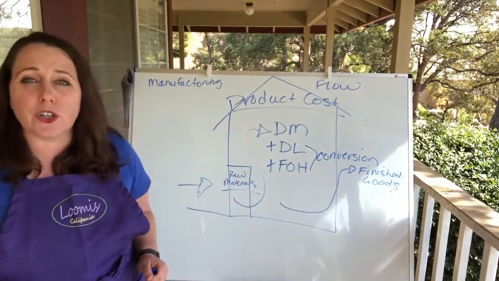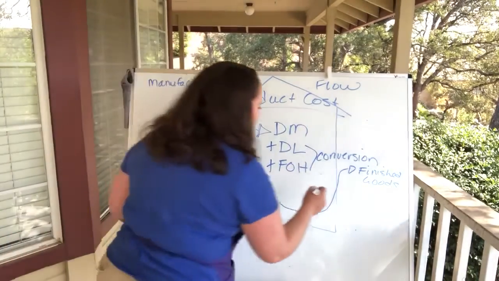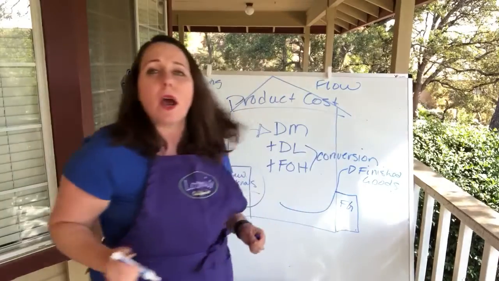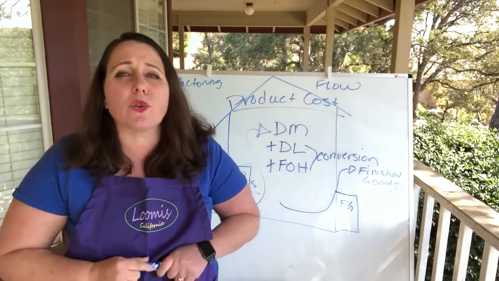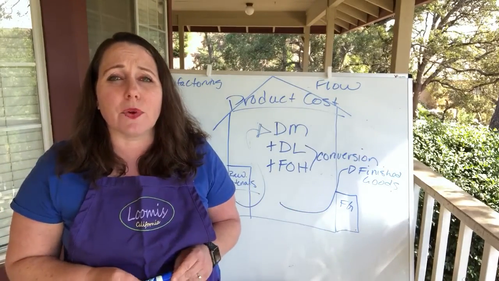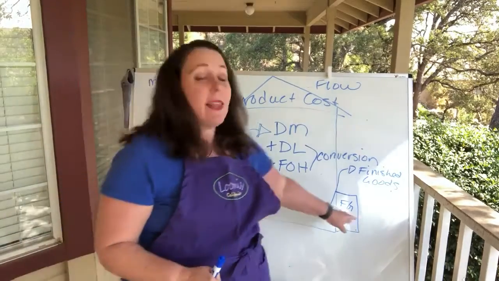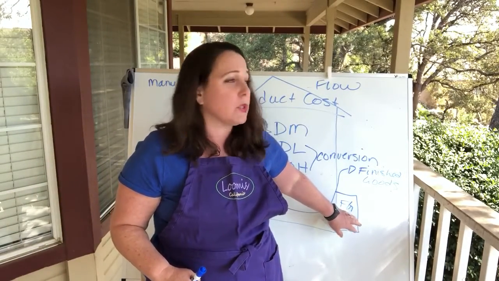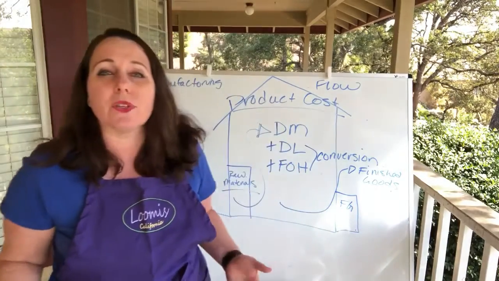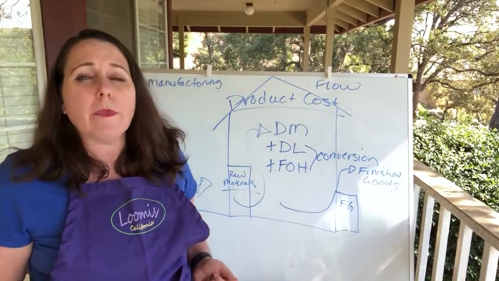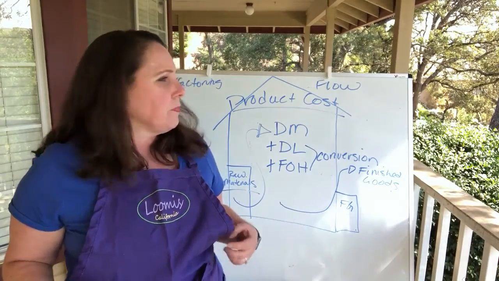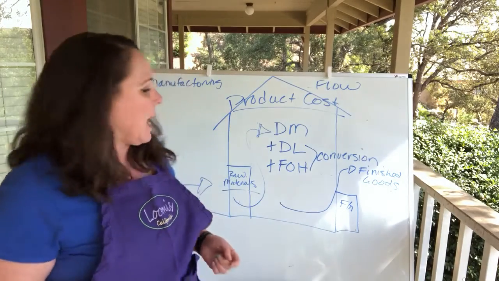moves to finished goods, okay? So we're gonna have over here, we're gonna have either some sort of a storage facility. If we're a really efficient operation, they may go directly to our shipping dock where trucks or something will take them off to where they're going to be sold. Most places have some sort of a storage facility though, because you're always gonna have a little bit of backlog as finished goods.